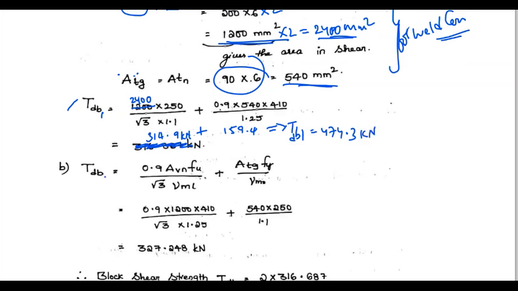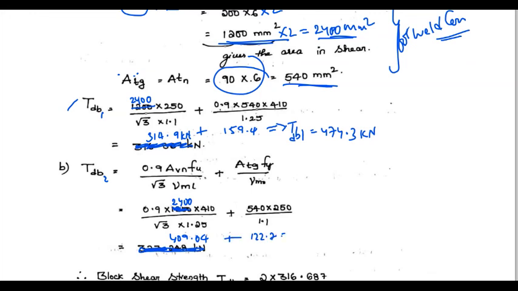In the same way, in Tdb2 also you put those values on substitution. Let me correct this here also, 2400, and on substitution we get 409.04, and this is around 122.7.